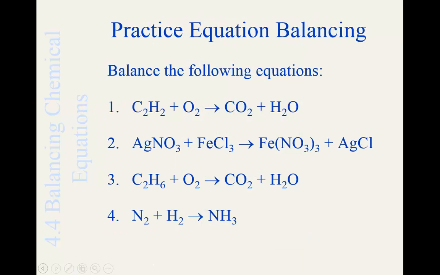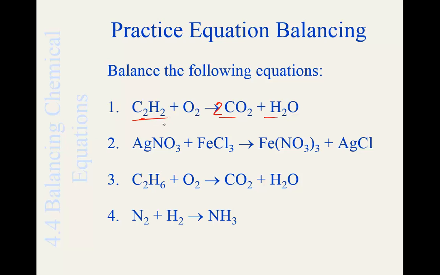All right, so here's some equations to balance, and this will be my last slide here. To me, the best way to balance these things is to look at the most complex substances. Like this substance, acetylene, has both carbon and hydrogen in it, and notice it's in one compound and then it's in another compound here. So I would focus on the acetylene to balance. So I see a 2 carbon here, so I'd put a 2 in front of the carbon dioxide, that gives me 2 carbon.